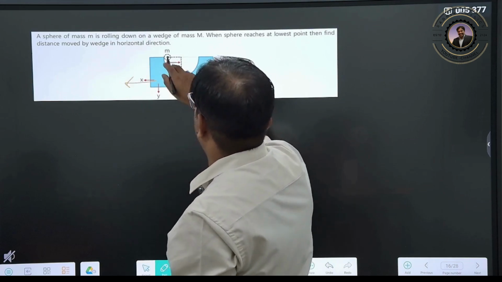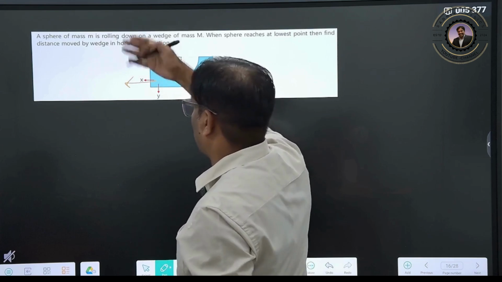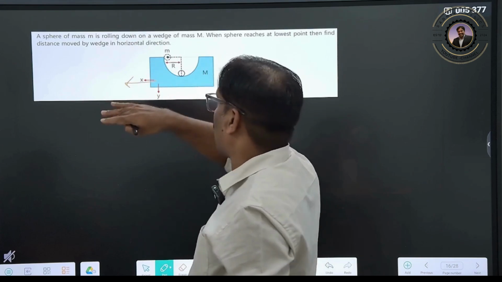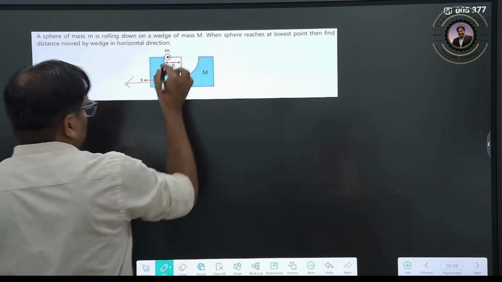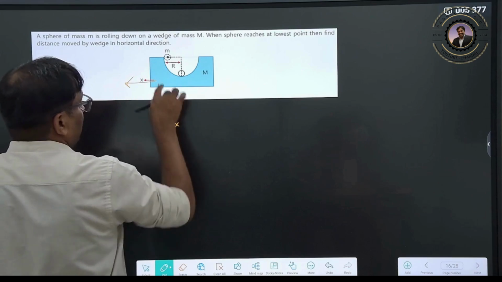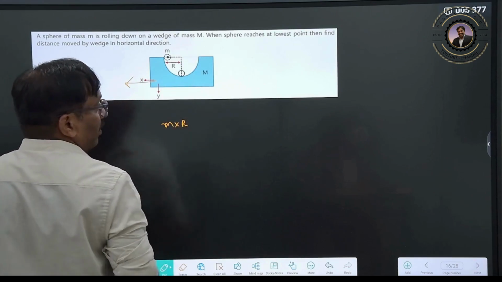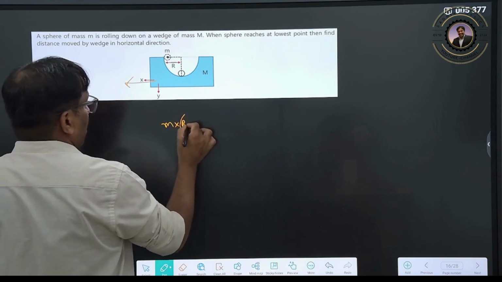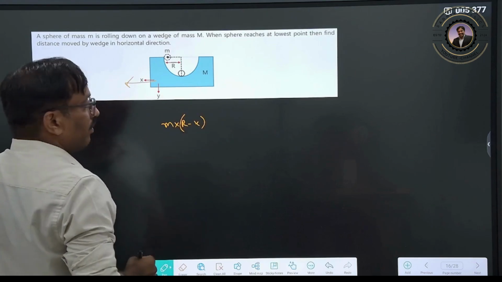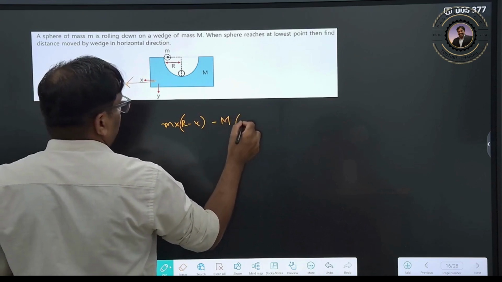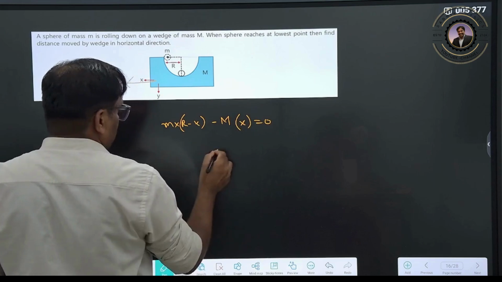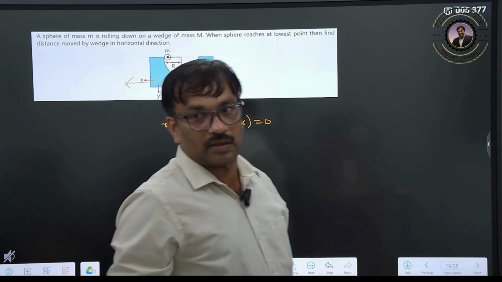Now don't bother about this curvature, only horizontal distance, this side horizontally, you have to balance it. So this small m, in which direction will it travel now? Therefore the distance it will travel is r, not r minus x. Clear? So this wedge will go back, capital M into x will be equal to 0. Solve this problem, you can get your answer.